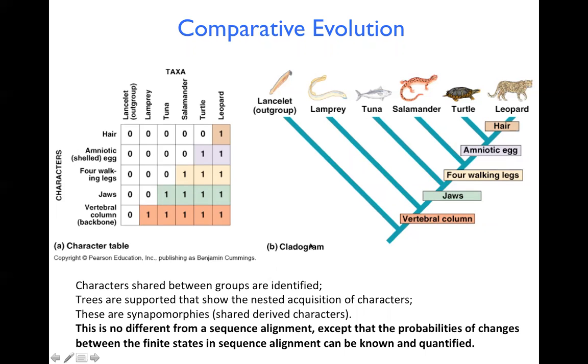So here is a cladogram, a very simple example of this. If we have a table that just lists the different characteristics we observe for organisms alive today, we can use this to infer a parsimonious evolutionary history. And we can see that groups on this tree are joined by derived characters. For example, reptiles and mammals are amniotes. They have an amniotic egg.